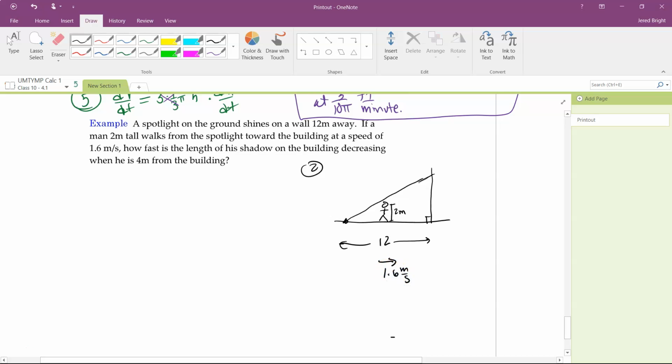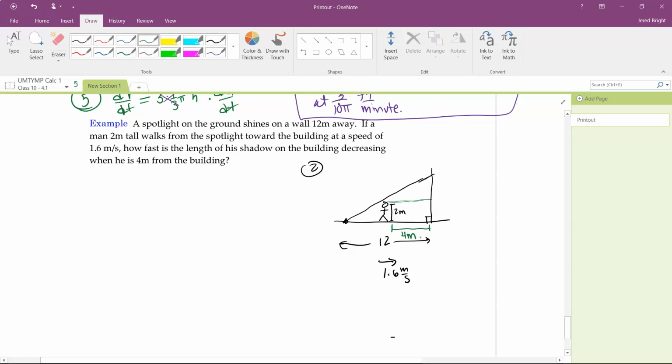We want to know how fast the length of his shadow, to be clear, here would be his shadow, how fast is the length of the shadow on the building decreasing when he is 4 meters away? So we know that this distance here would be 4 meters.